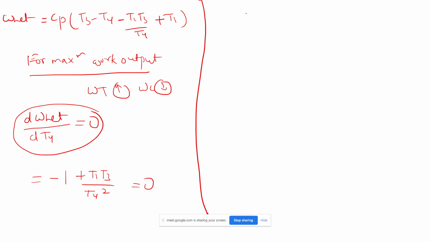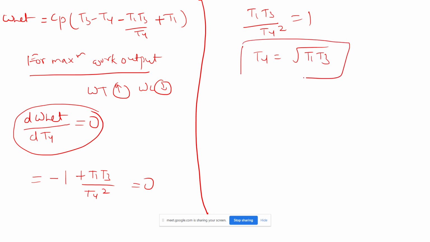From that, T1 T3 upon T4 the whole square is equal to 1, so T4 becomes the root of T1 T3. Is it okay?